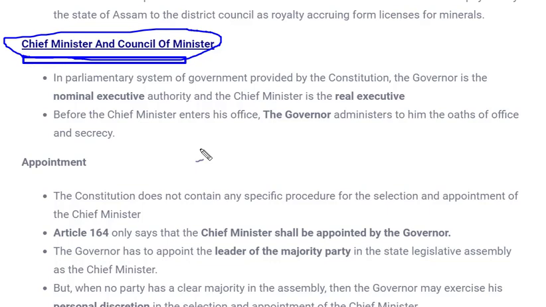And the rest, the council of ministers, are appointed by the governor, but with the suggestion or consultation of the chief minister. The chief minister says that I want to appoint these persons as council of ministers. There are various portfolios acting in government for proper functioning of government. So those ministers are appointed by the governor but with the help of the chief minister.